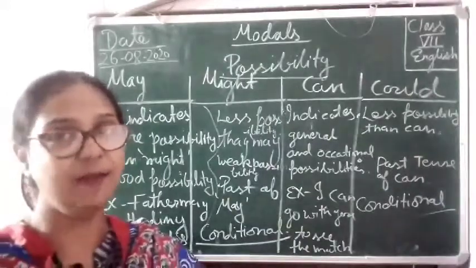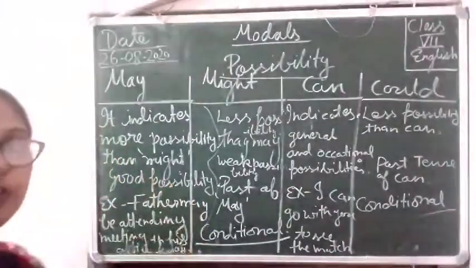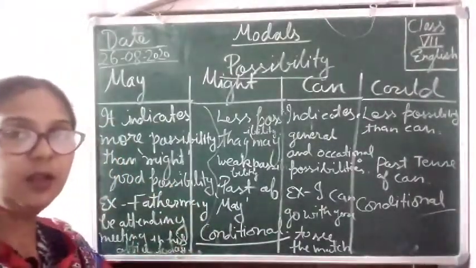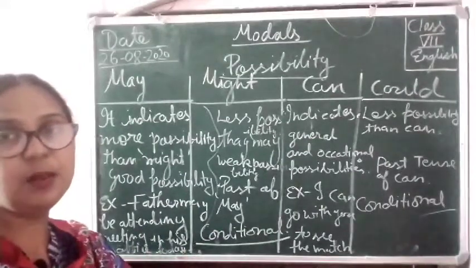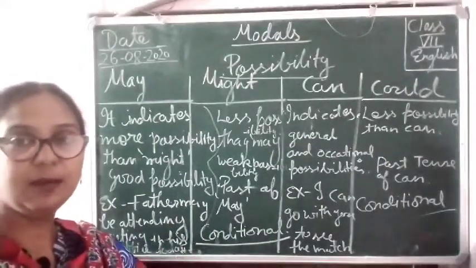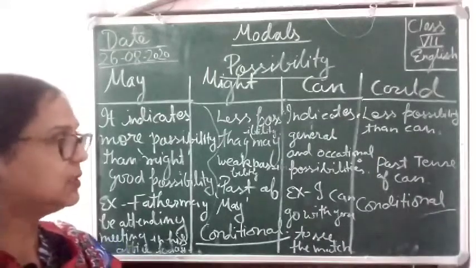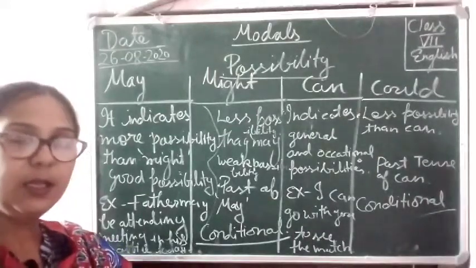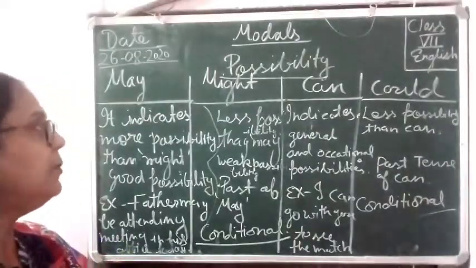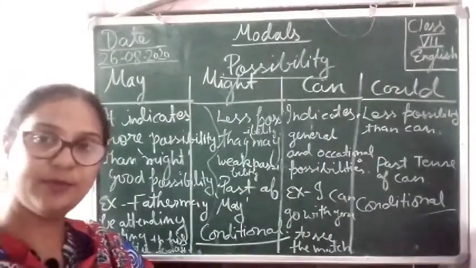So this way we have to learn, and you can take a picture or a screenshot of this table so you can learn it also, because this is very important. Possibility can be shown or expressed by may, might, can and could.